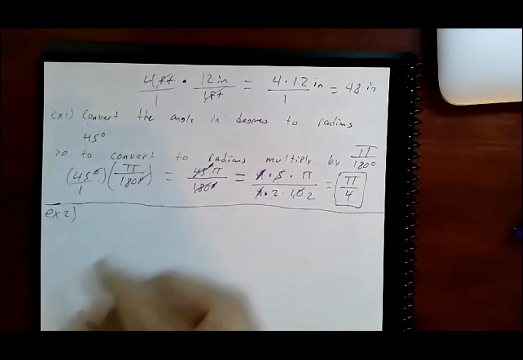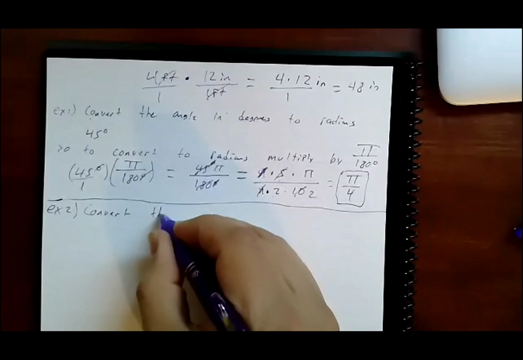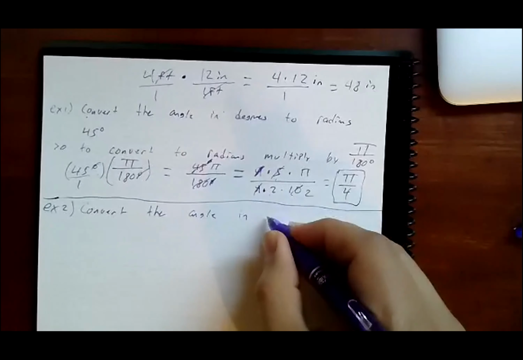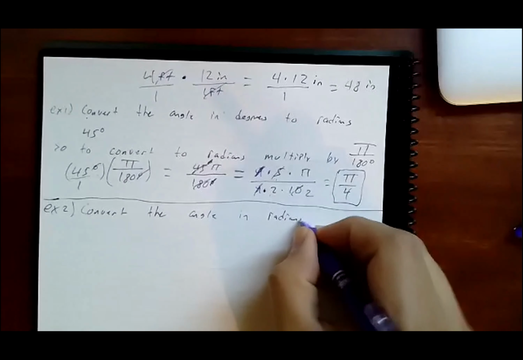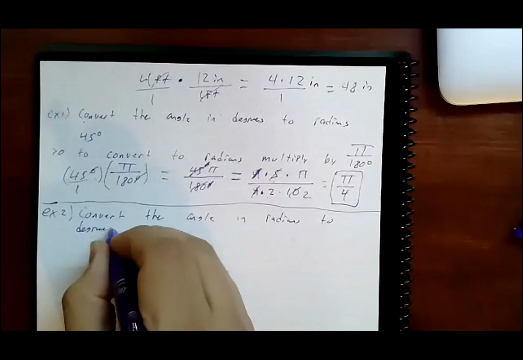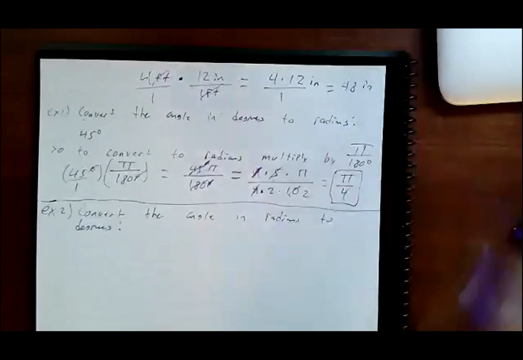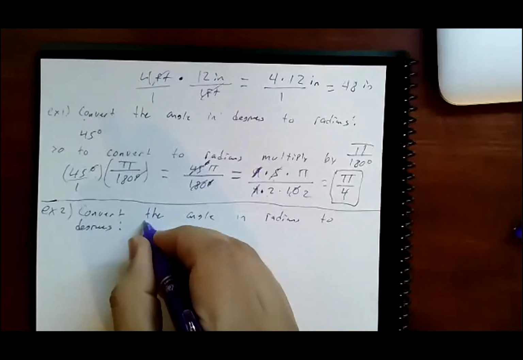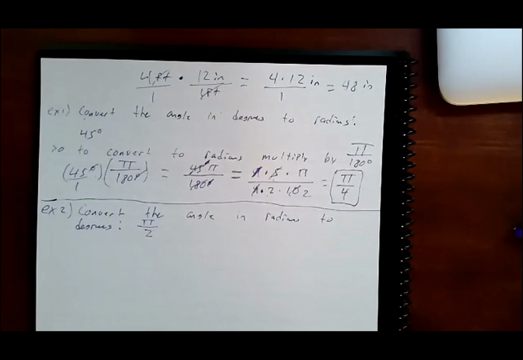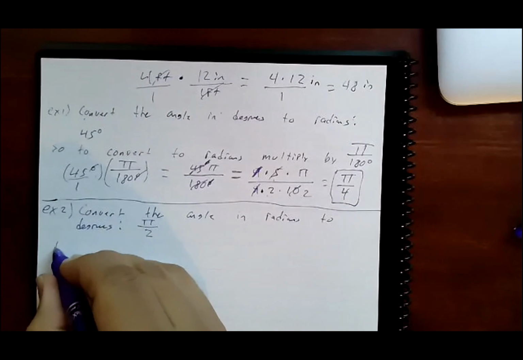Okay. Let's do convert the angle in radians to degrees. Here's the question. Let's make one up here. Pi over 2, I guess. So here's the instructions.